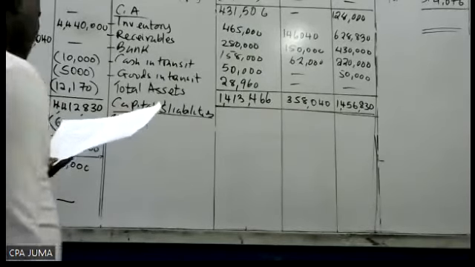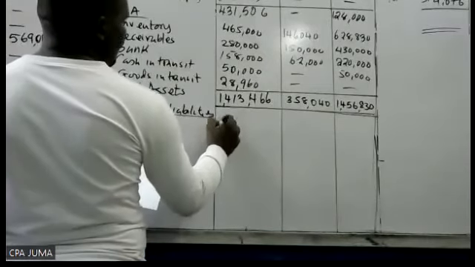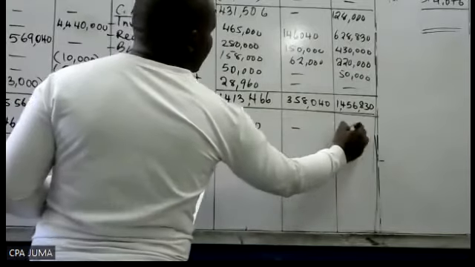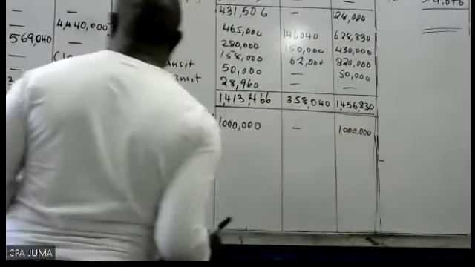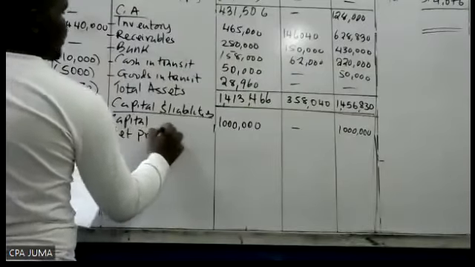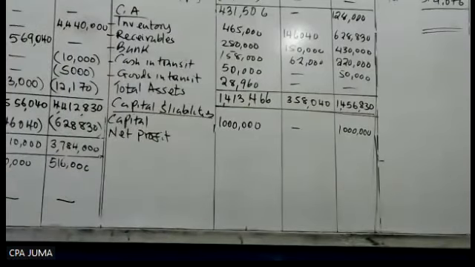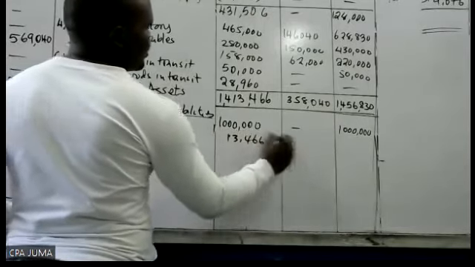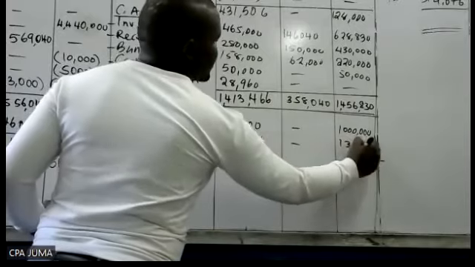Capital was 1 million to head office. So 1 million. Net profit. Can you give me the net profit we got from the profit account? The final net profit. 13,466.